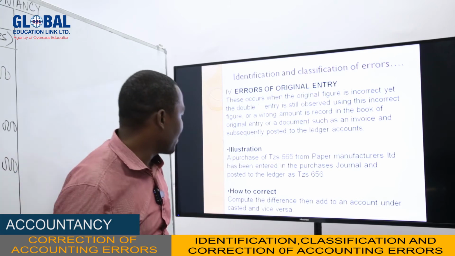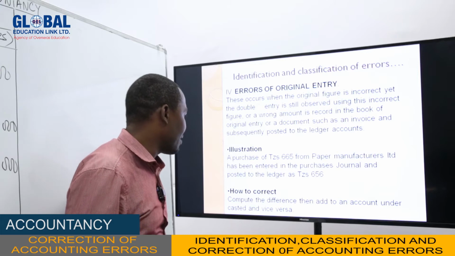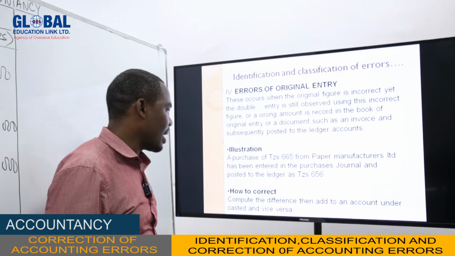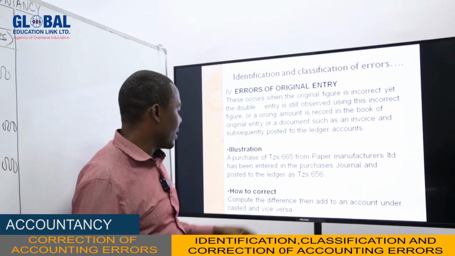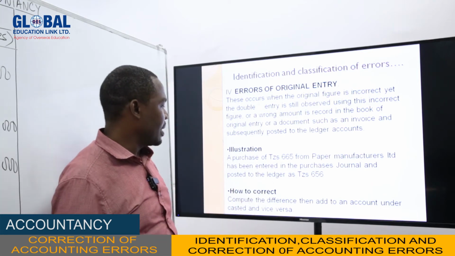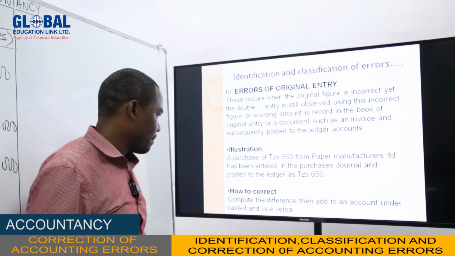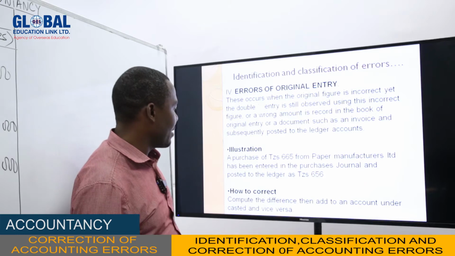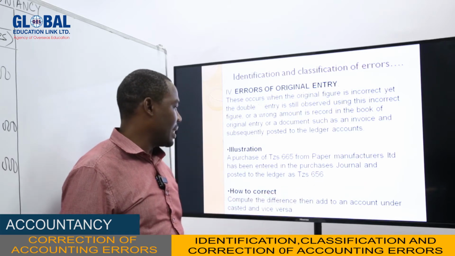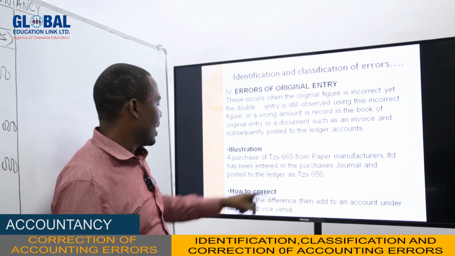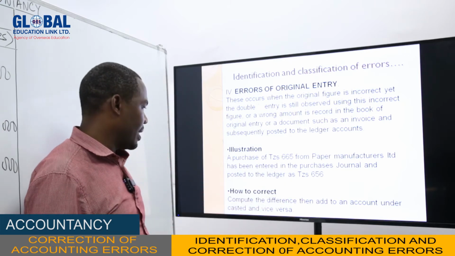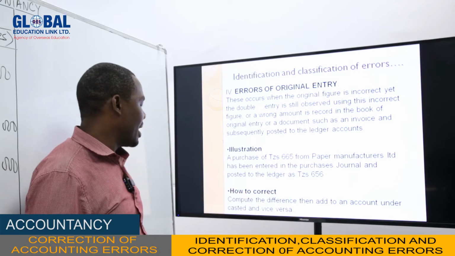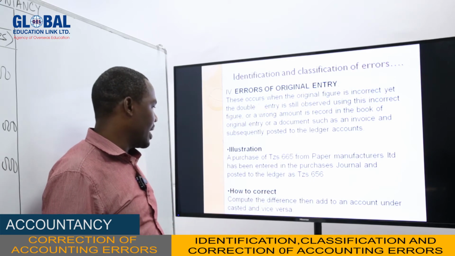Let's see an example. A purchase of TZS 665 from Paper Manufacturers Limited has been entered in the purchases journal and posted to the ledger as TZS 656. If you compare the two figures, 665 and 656, you find that the amount was understated. If you check the difference, it is 9. Understated by how much? By 9 TZS.